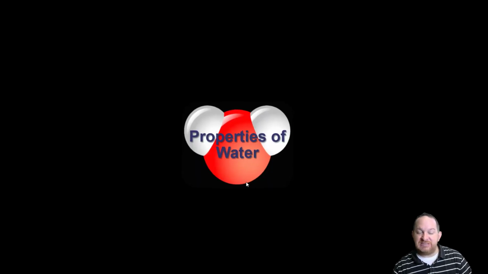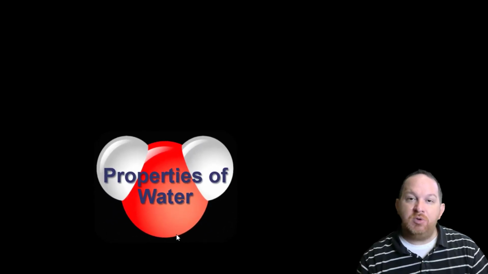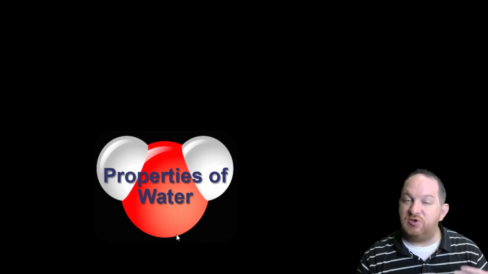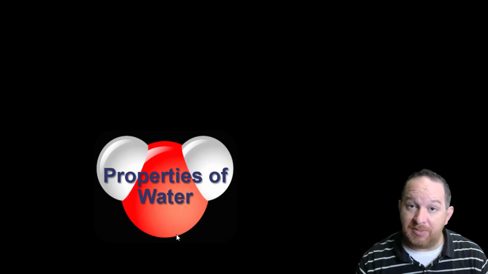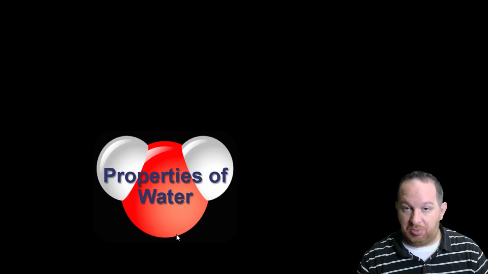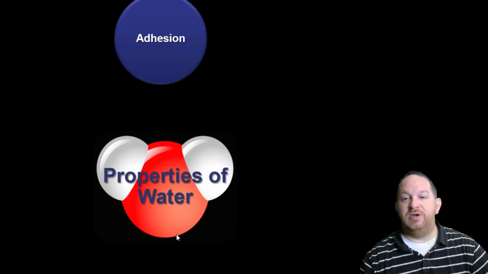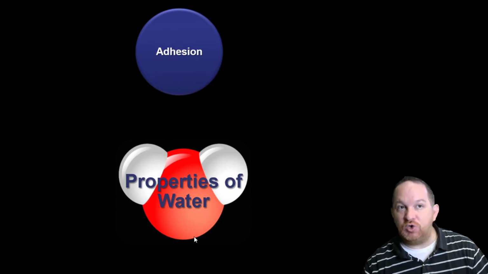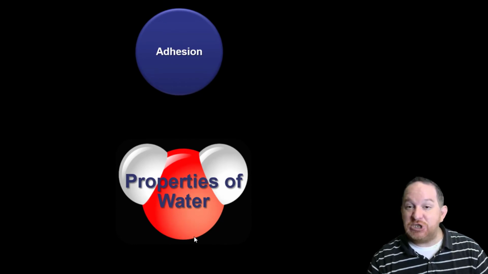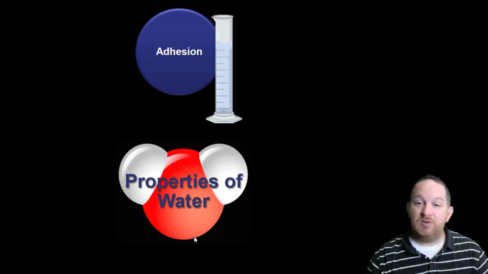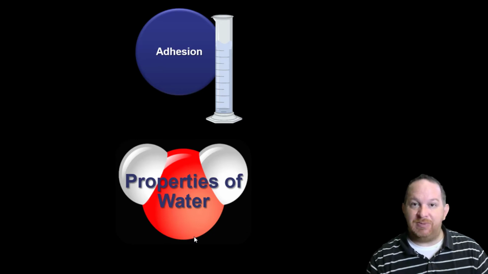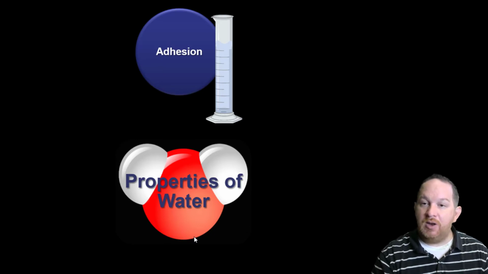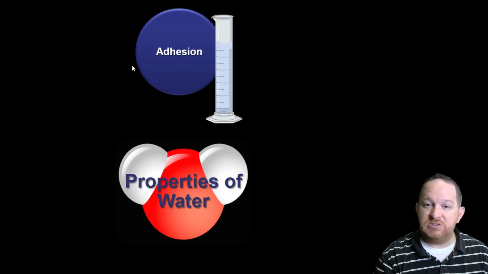So let's look at some of these properties of water. Remember, it's this hydrogen bonding, these polar covalent bonds that are really going to be causing all of these really interesting properties. All right, so the first one, adhesion. If you think of something, if it adheres, right, it sticks to something, like tape is an adhesive. So water actually adheres to other substances.